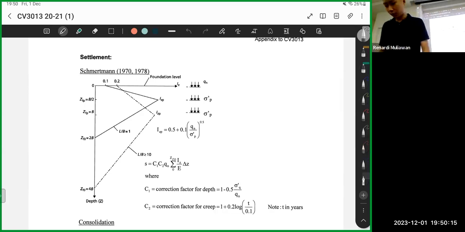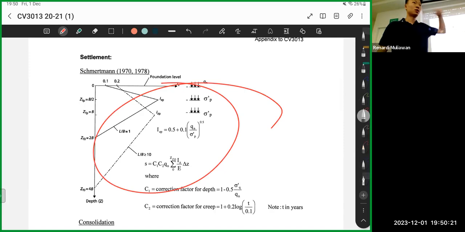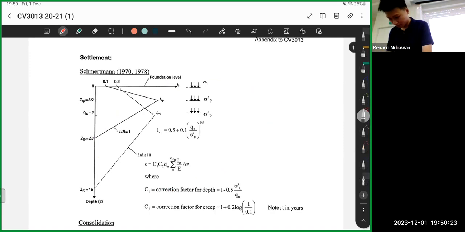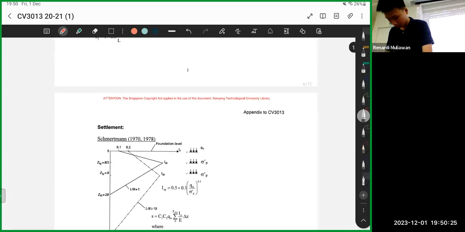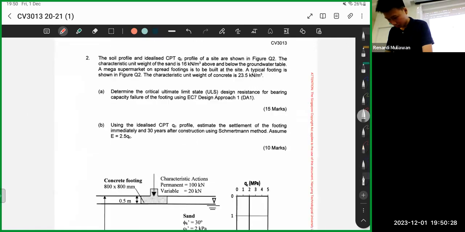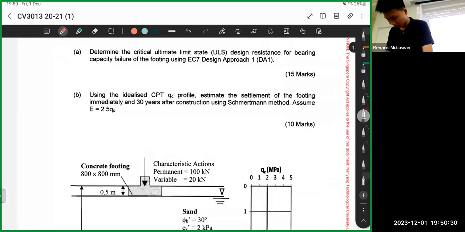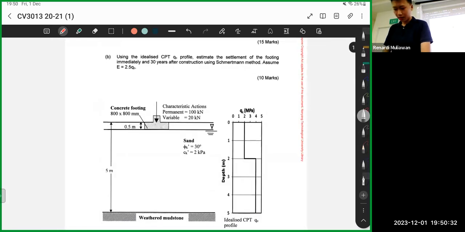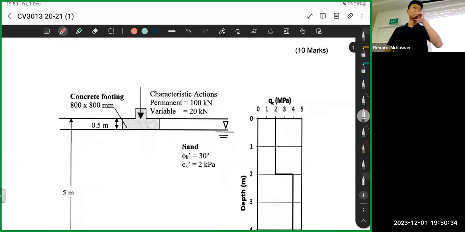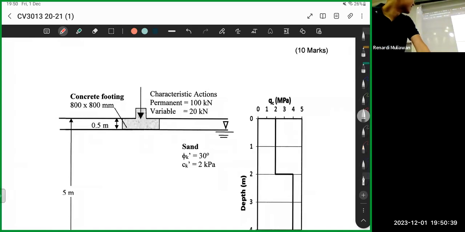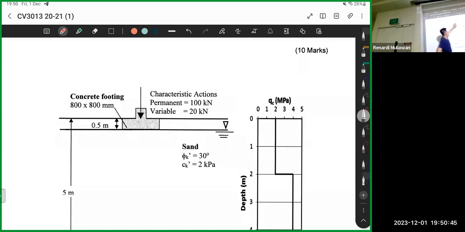First things first, we need to, quote unquote, superimpose this graph, the shipment, onto the foundation. Remember that the zero here is the foundation level.